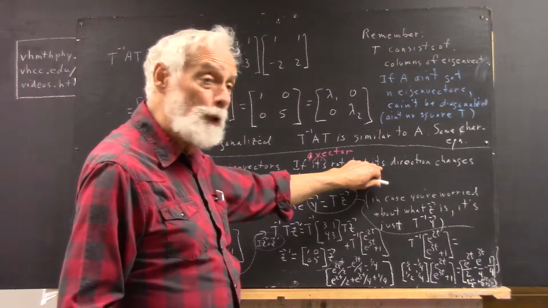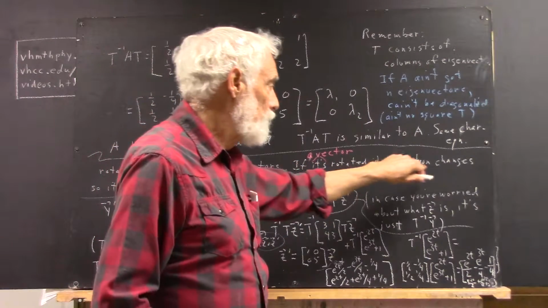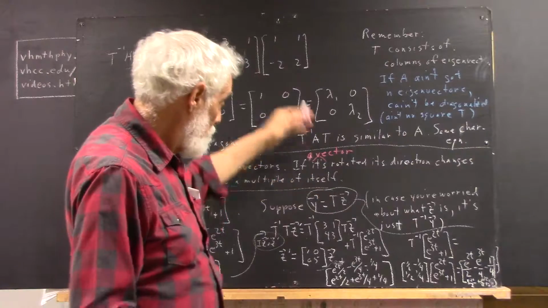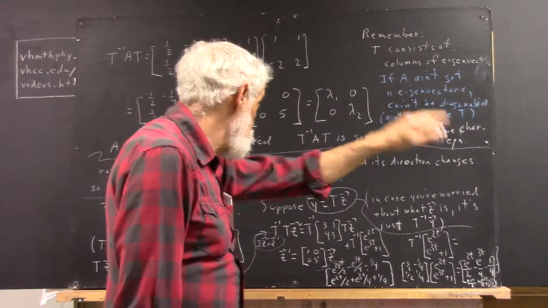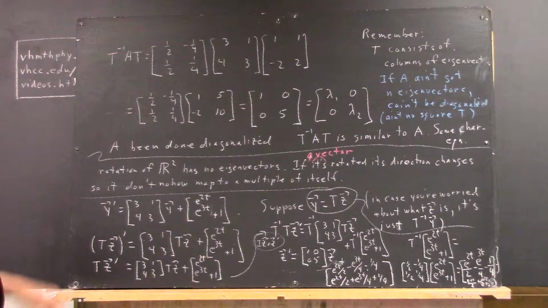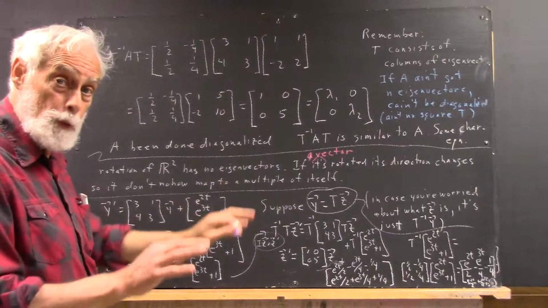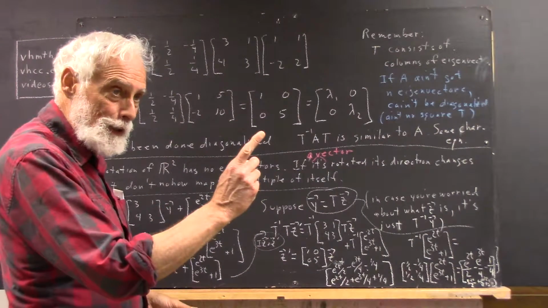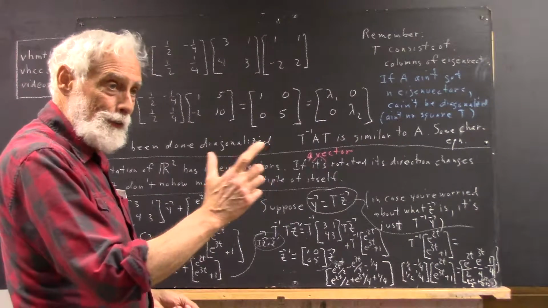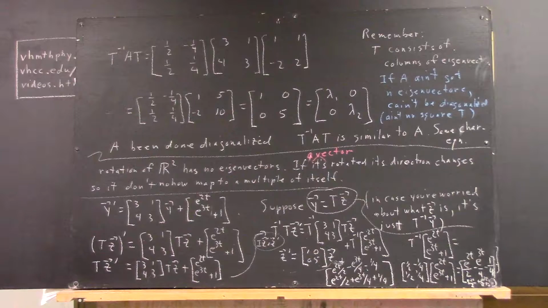Okay, a little grammar lesson. If it's rotated, its direction changes, so it does not map to a multiple of itself, to put it in formal mathematical language. If a vector is rotated by the transformation, then it does not map to a multiple of itself.